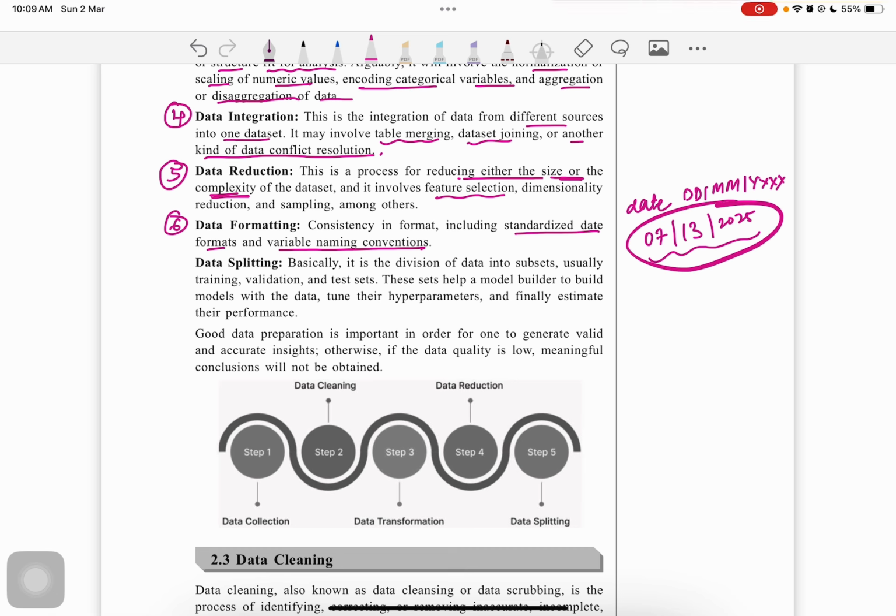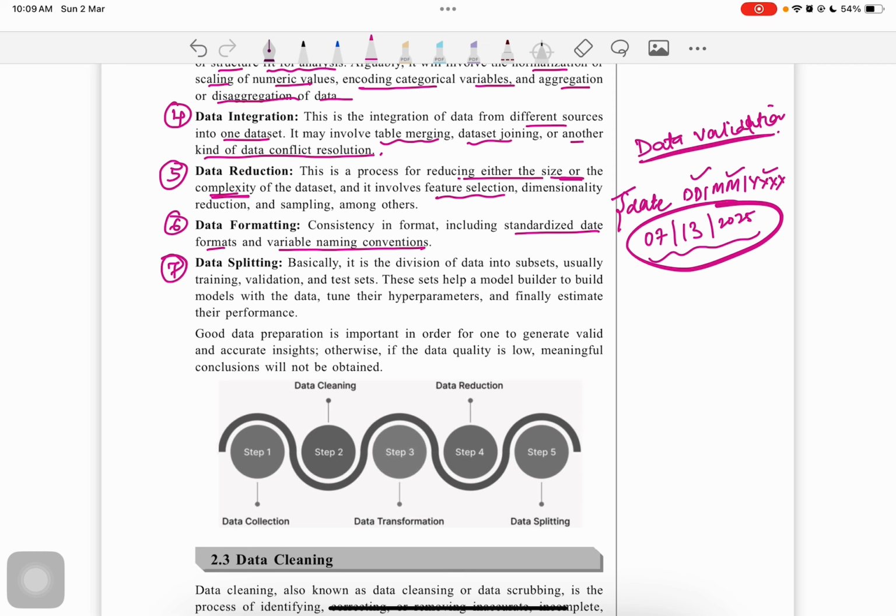This won't be accepted as we have given them this option. We can do this data formatting using the tool called data validation in Excel, and then only in this format will the date be accepted, and this is data formatting.